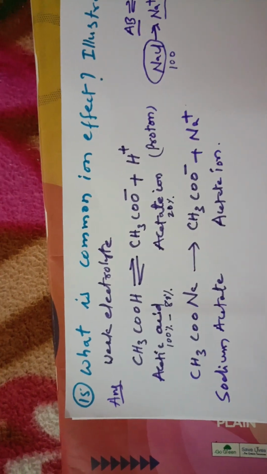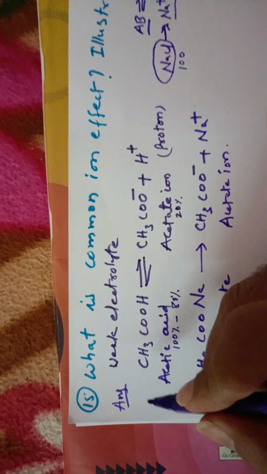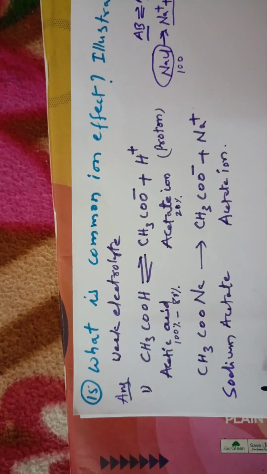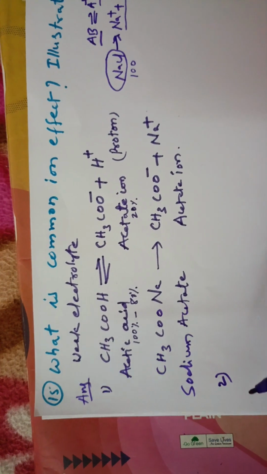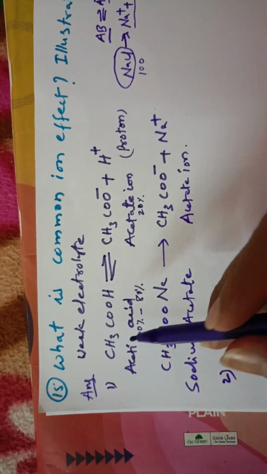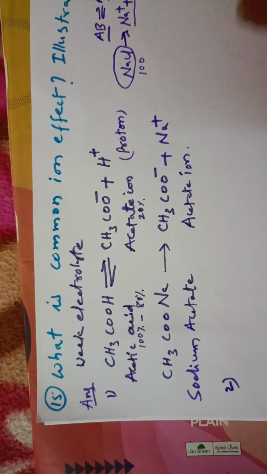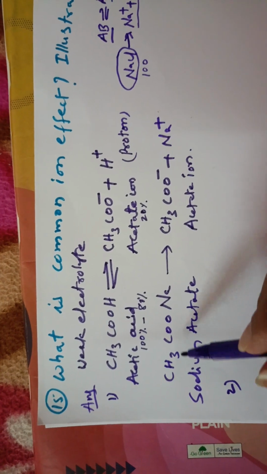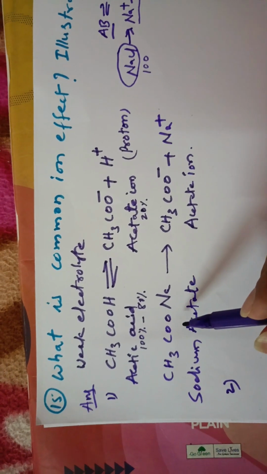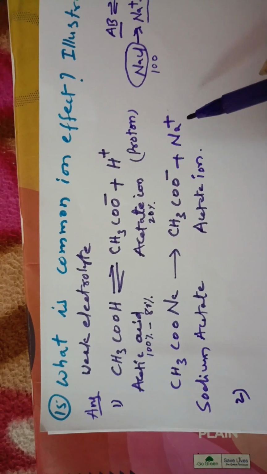So for 4 marks, you just write these two reactions. This is the first point. And the second point, you explain about this: acetic acid dissociates into acetate ions and H plus ions, that is one point. And if you add the strong electrolyte, sodium acetate, it dissociates into acetate ion and sodium plus ion.